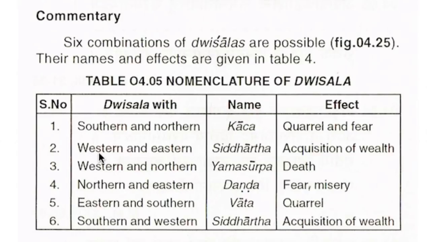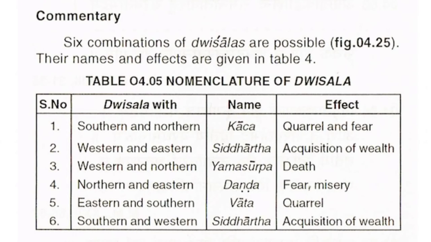If you build only the western and eastern, that is called Siddhartha, then you acquire wealth. And so on and so forth. Death, fear, misery, quarrel, acquisition of wealth. So you will notice that there's only two options within the Dvishala that are actually desirable. It's not very nice to have a house where there's fear and misery all the time. So it's not precisely what you're aiming for.